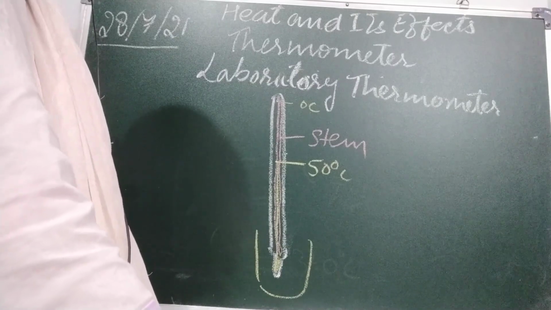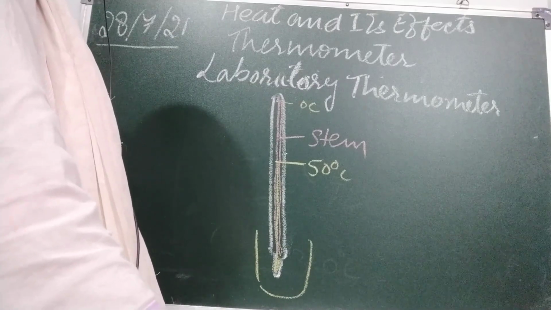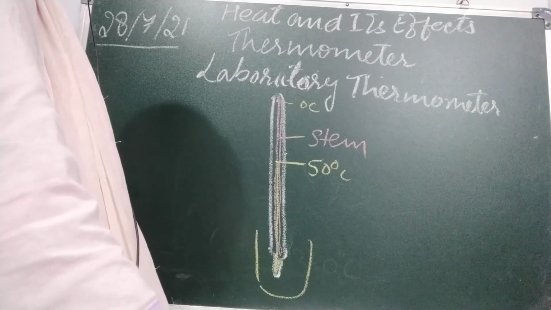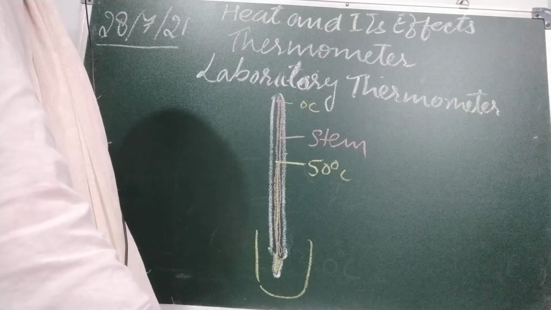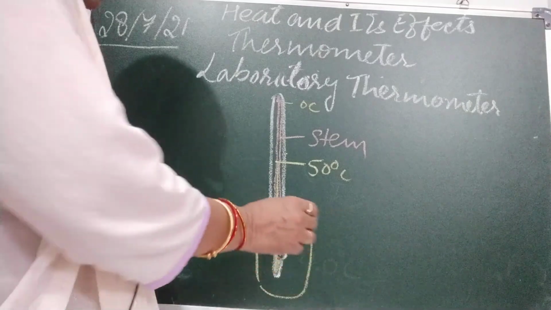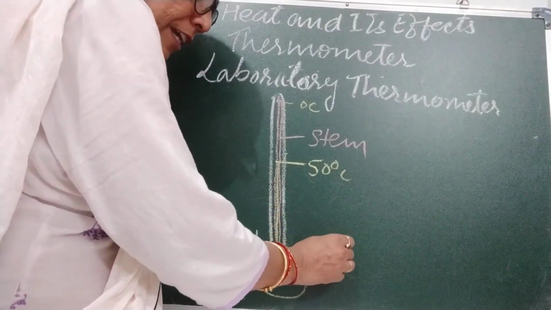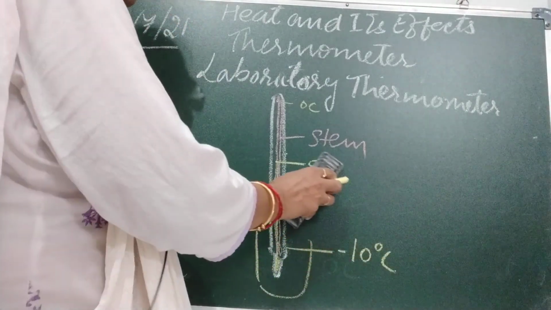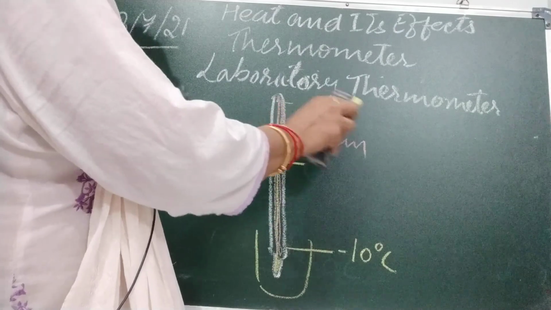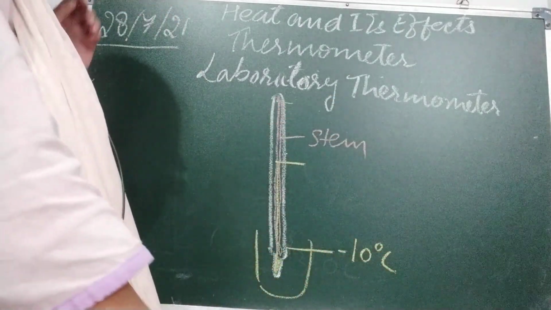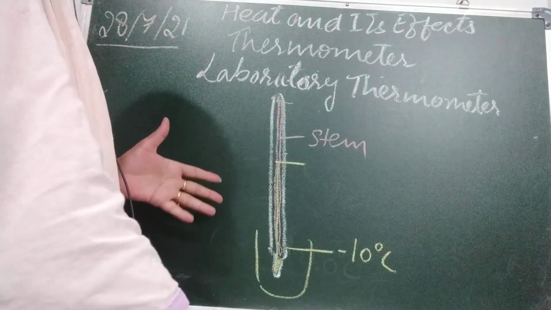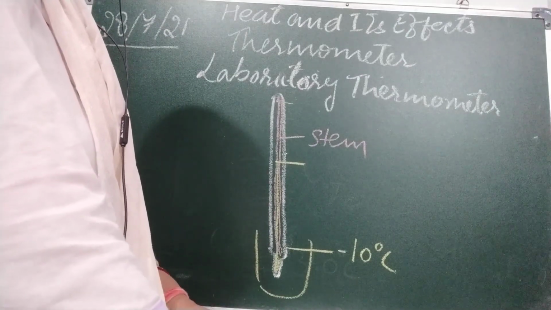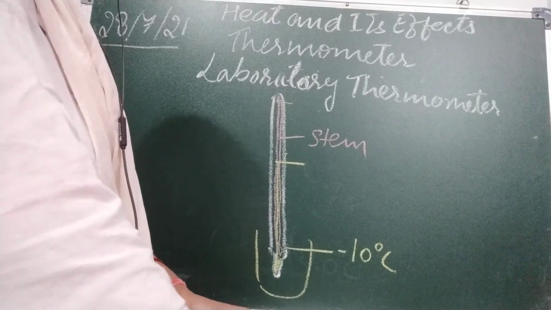Laboratory thermometers with various ranges are available. The commonly used laboratory thermometer has a range starting from -10. Why? Because in the laboratory, for experiment purposes, we need temperature in minus also, and we also want to take very high temperatures.